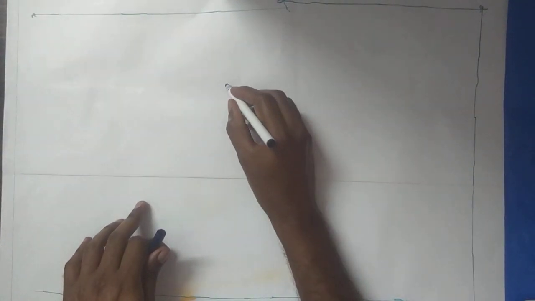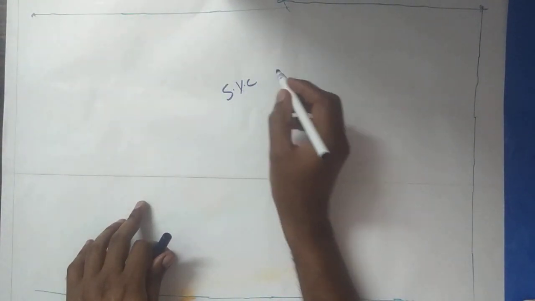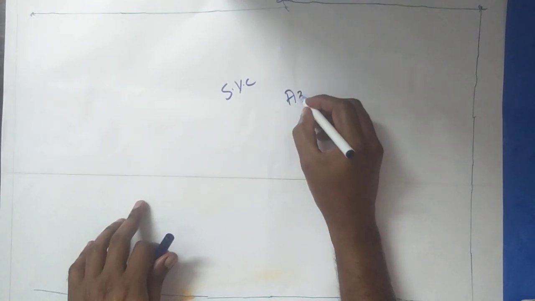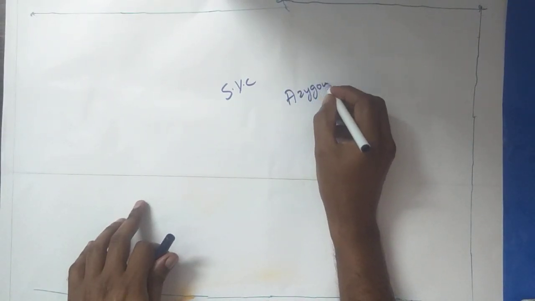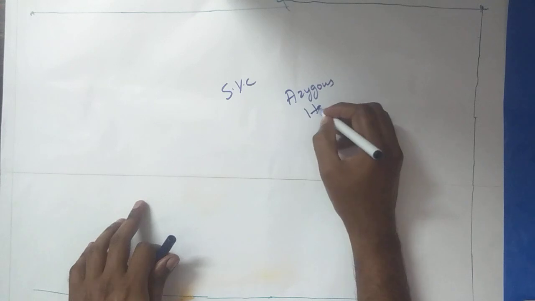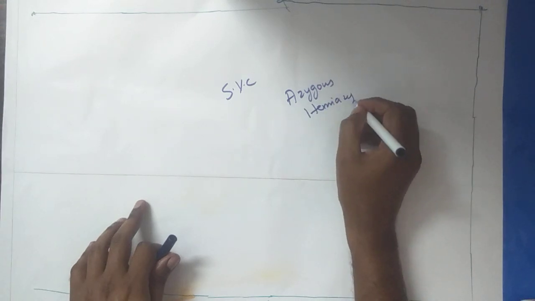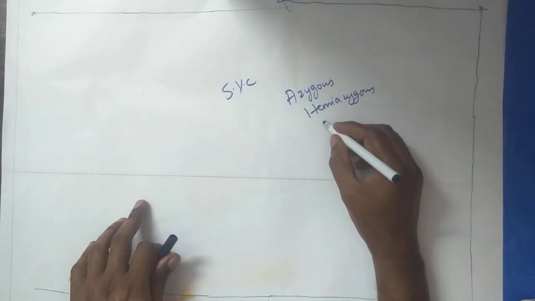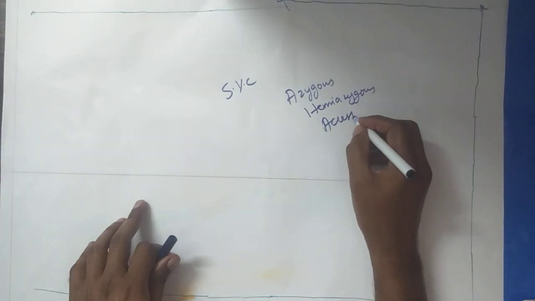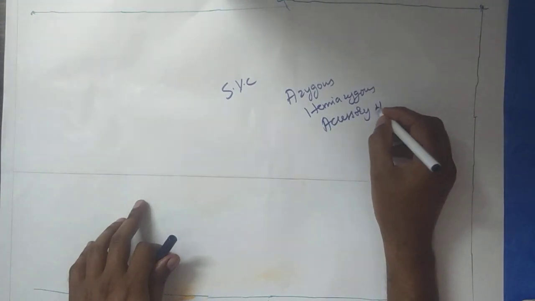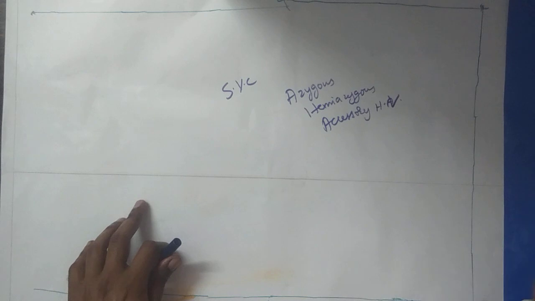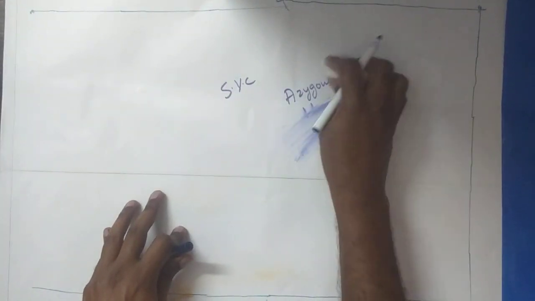Today we'll be learning about superior vena cava and azygos vein, hemiazygos vein and accessory hemiazygos vein. So initially we'll be seeing the superior vena cava.